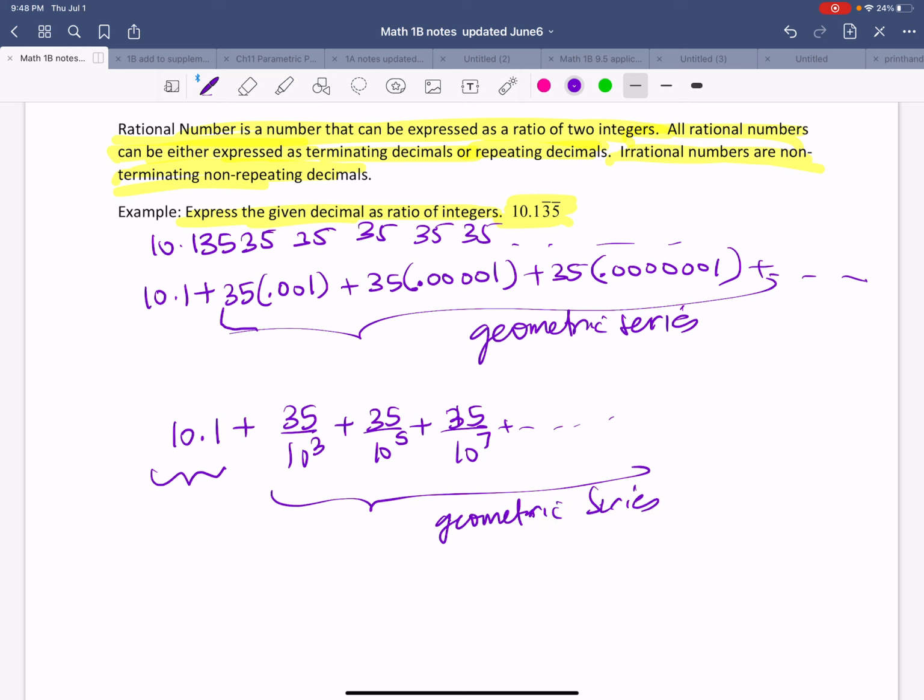And what's going to be the sum of the geometric series? It would be 10.1 plus the first term, which is 35 over 10 to the third power, over 1 minus R, which is 1 over 10 squared. So now we would simplify it using a calculator.